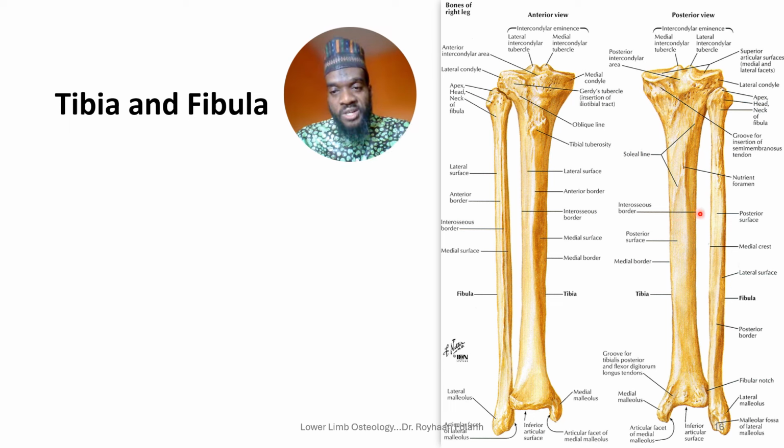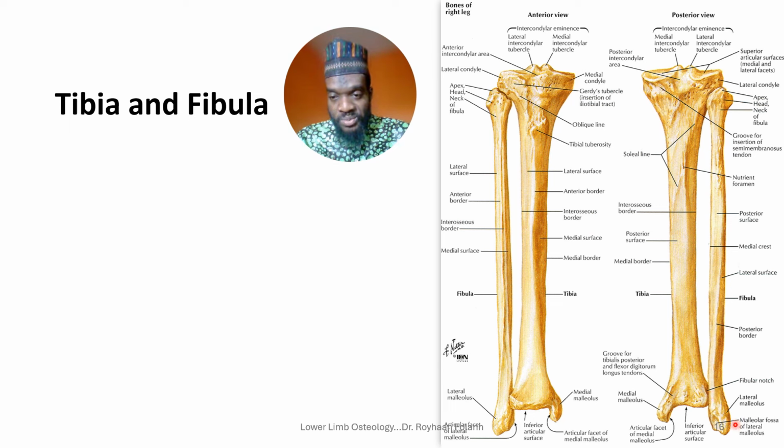The lateral border of the tibia is also the interosseous border, while the interosseous border for the fibula is the medial border. We also have the medial crest on the fibula. It has a lateral surface and then it has a posterior border.